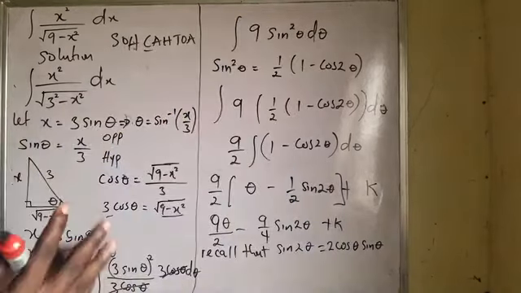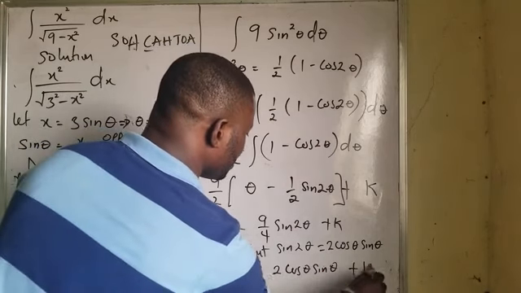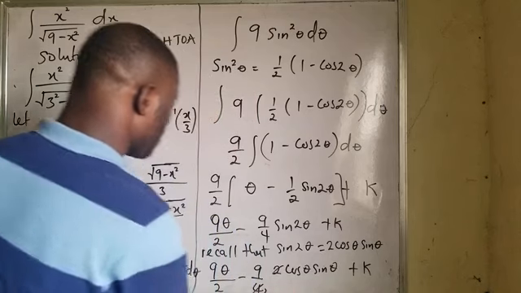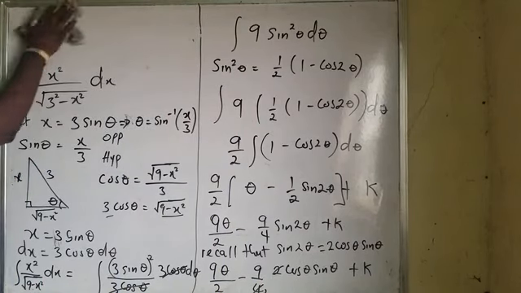Now I can put it back here. It means I can say 9 theta divided by 2 minus 9 divided by 4 times 2 cos theta sine theta plus k. I have to pause the question at this point because I have to explain some things.